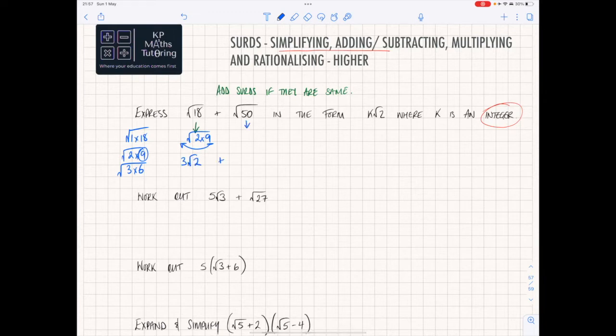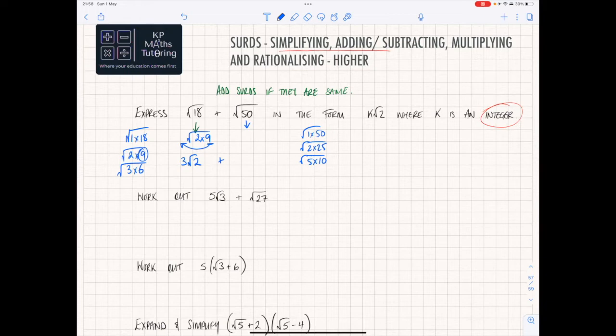If I look at 50, my factor pairs for 50 would be 1 times 50, 2 times 25, 3 doesn't go into it, 4 doesn't go into it, 5 times 10. Now, again, what you've got to think to yourself is whether or not any square numbers go into it.